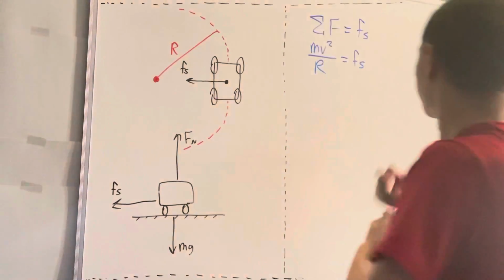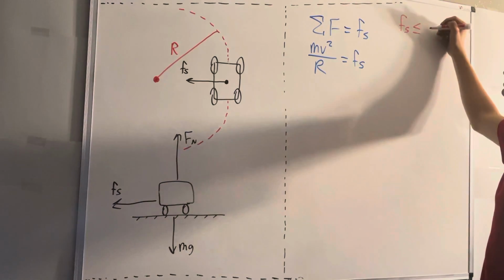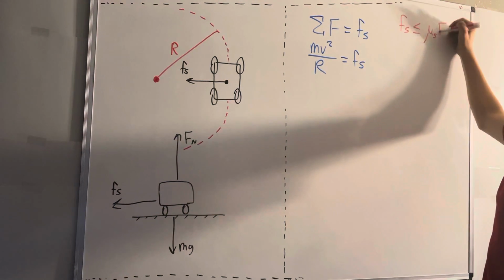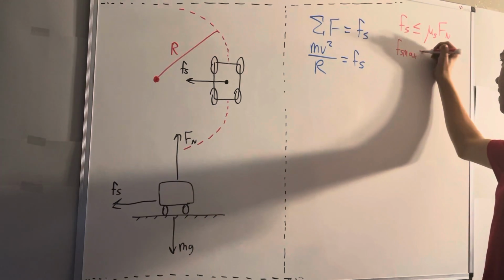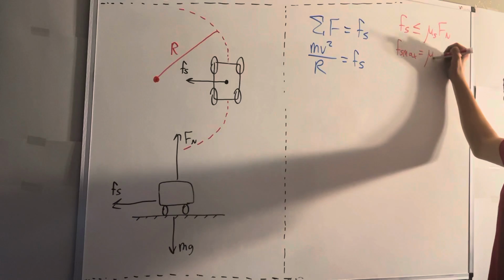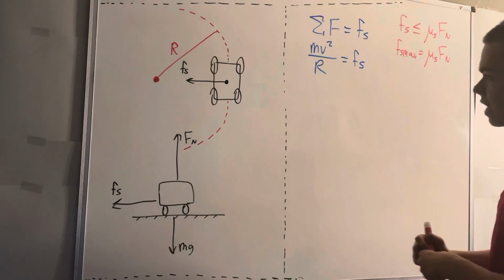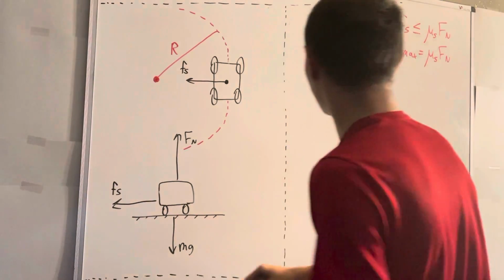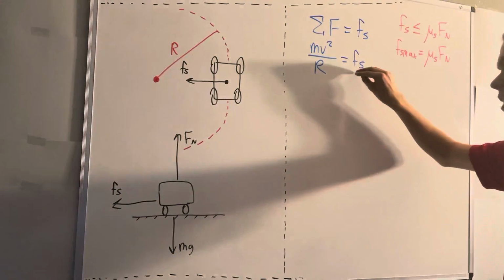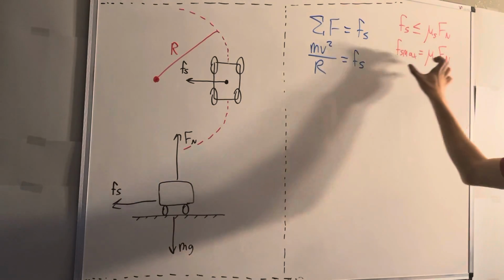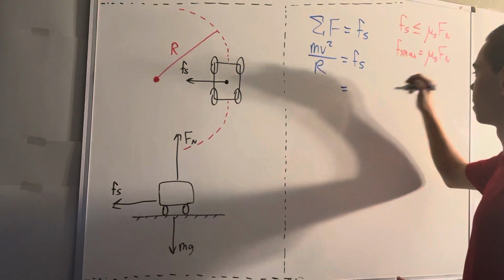We know that static friction is less than or equal to this value, mu s Fn, which means the maximum static frictional force is equal to mu s Fn. And since we're finding the maximum speed that this car can go, we want the maximum static frictional force. And so we want this to be right here.